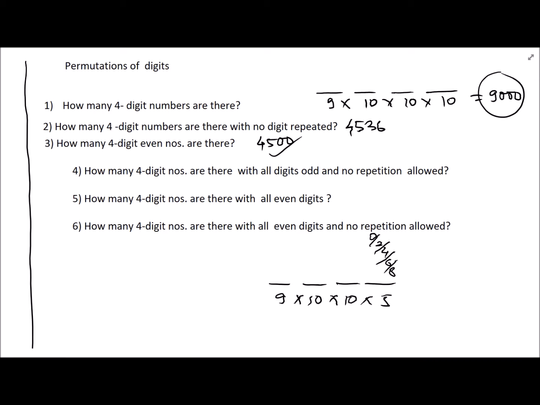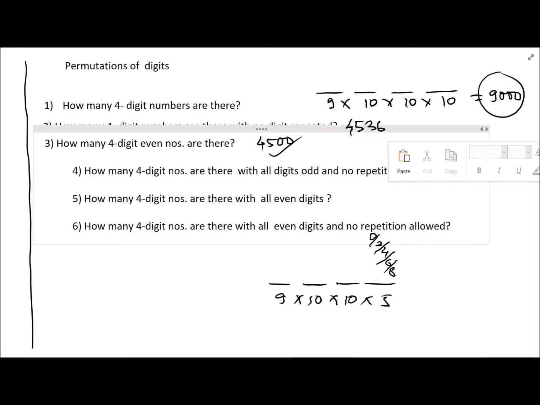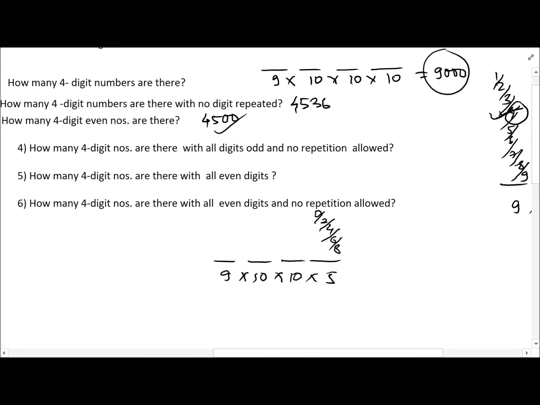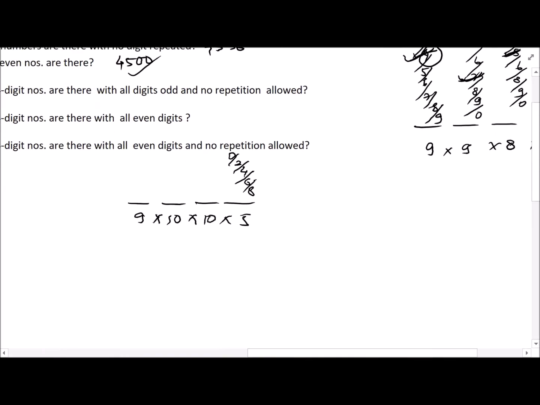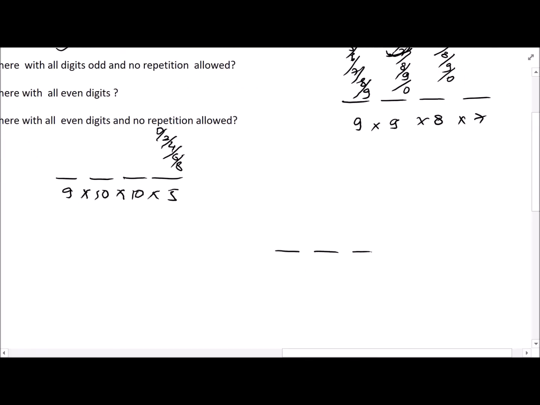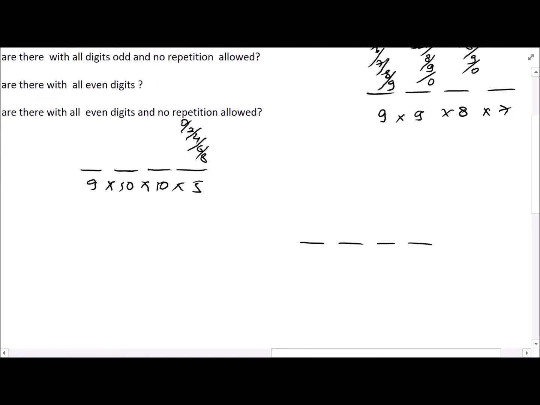Now how many 4-digit numbers are there with all digits odd and no repetition allowed? Okay, this question is a lot easier. All digits odd: 1, 3, 5, 7, 9. If 0 is not there, then there is no restriction here. We can start from either side, and 5 digits to be filled at 4 places we can do in this way, 5P4, or we can do this way also, 5 into 4 into 3 into 2, because at the first place 5 options are there.